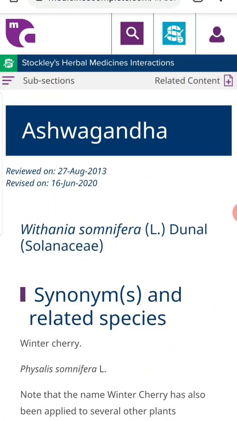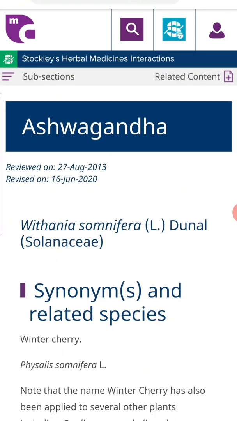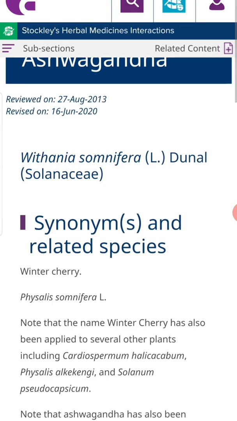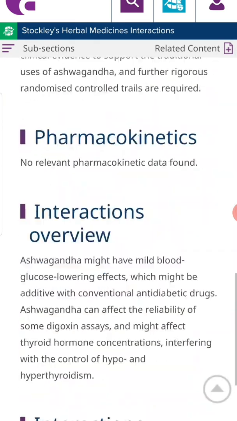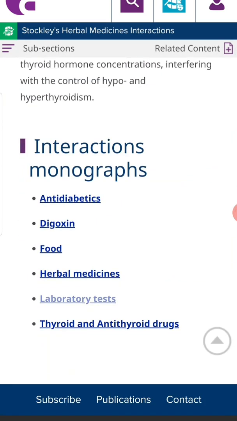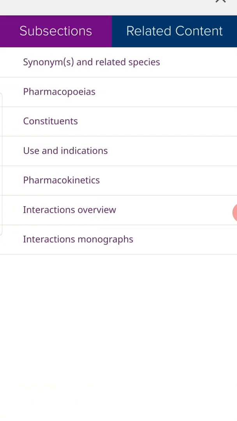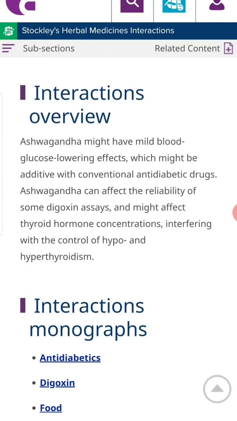Right, let me directly go to Stockley's herb drug interactions, and yeah, this is Stockley's only. Interactions overview, right? So ashwagandha might have mild blood glucose lowering effects, which might be additive with conventional anti-diabetic drugs.